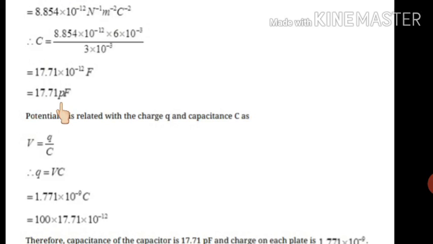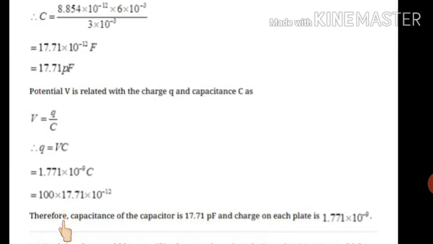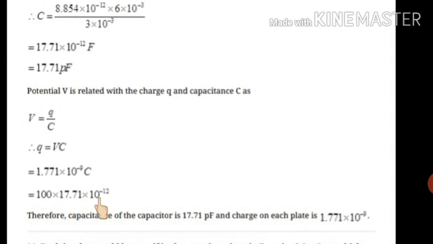Now they are asking us to calculate charge also. Now we know this thing V is equal to Q by C, or we know this thing C is equal to Q by V. So from here, what will be Q? Q will be V into C. Now C we have calculated, and V is how much? 100. So when this C will be multiplied by 100, the answer will be this.